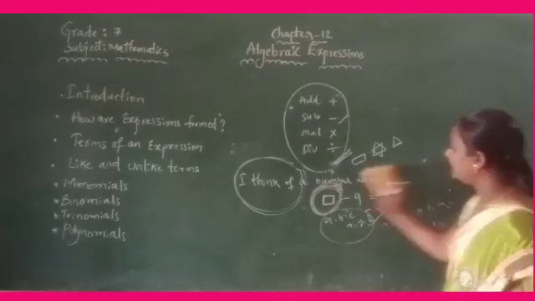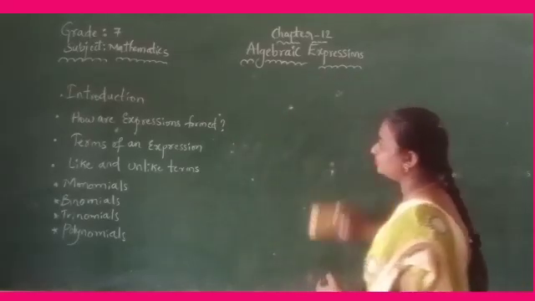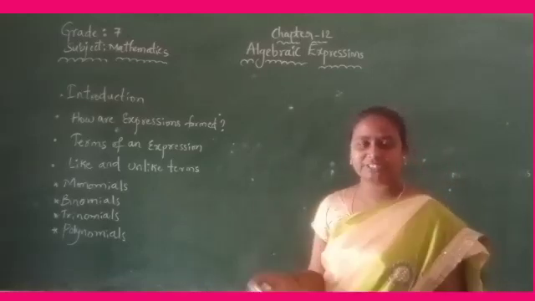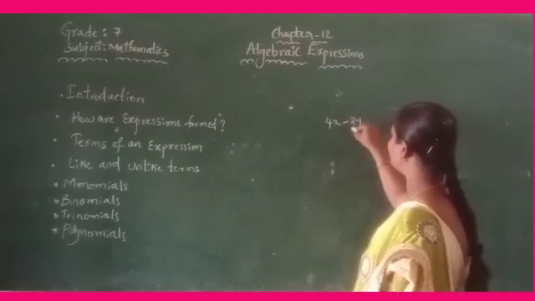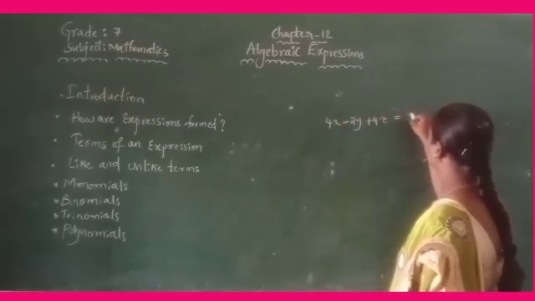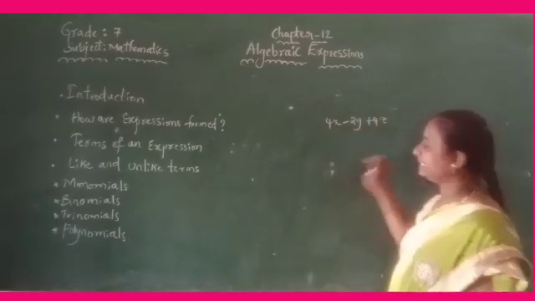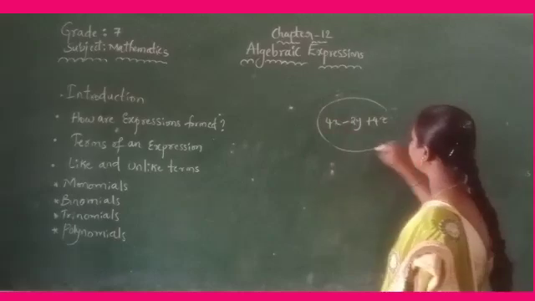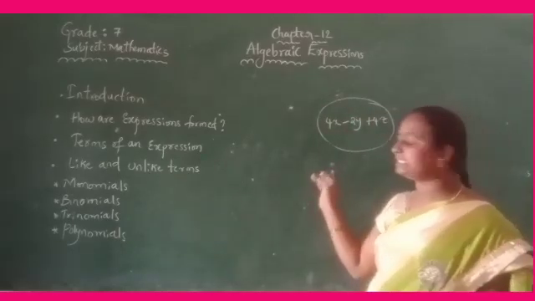Children, now listen carefully to how expressions are formed. See, 4x minus 2y plus 4z is equal to 23. Observe this one. How are algebraic expressions formed?